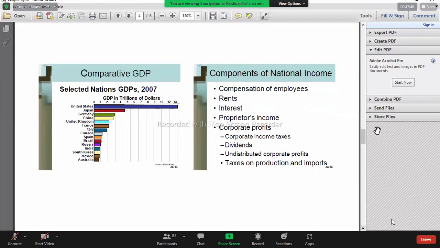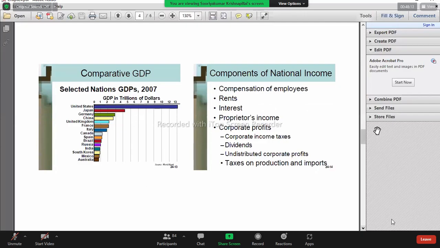So now the components of national income. This is not GDP, it is national income. National income is for the resources supplied by the household, domestically or internationally, so all of it should be considered national income.